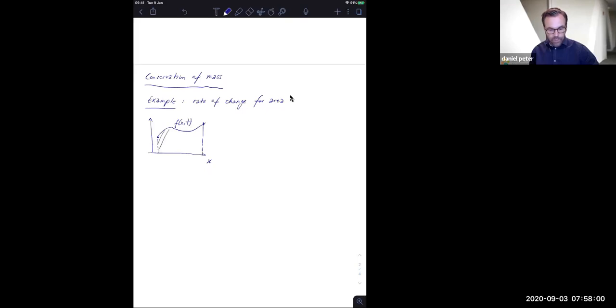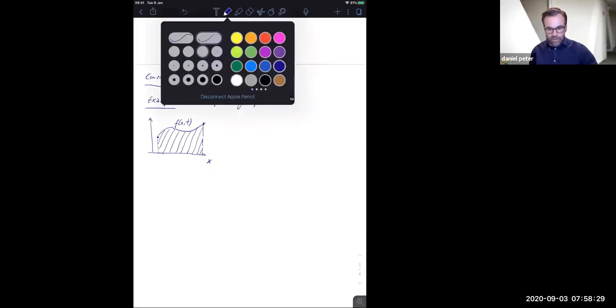What we're looking at is the area below that function. Now, since that function can change with time, we can look at the rate of change of that area. So after a bit of time, let's say this function looks a bit different. Let me see if I can take a different color.